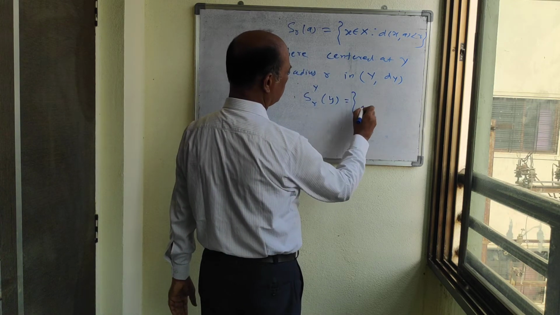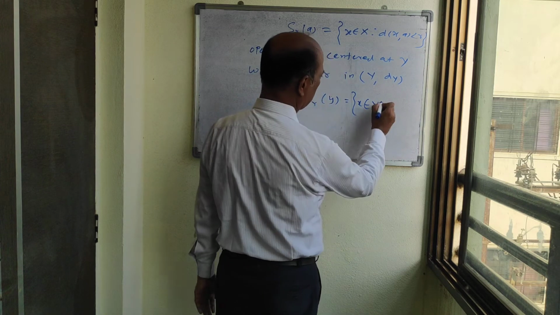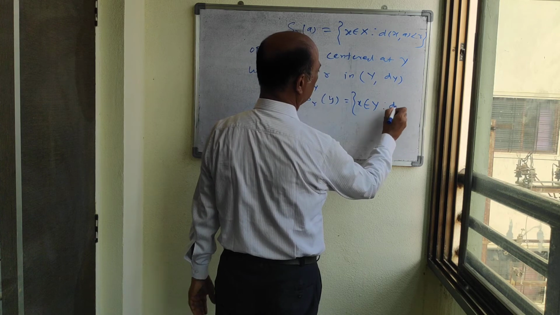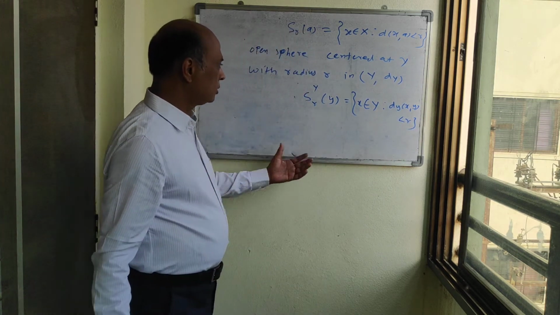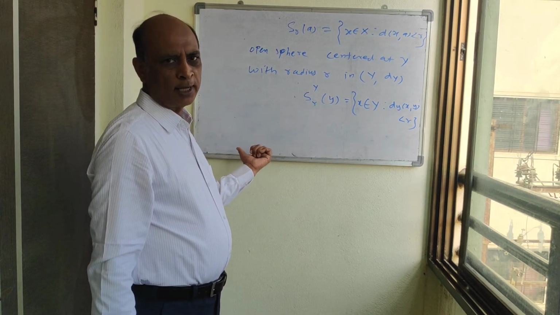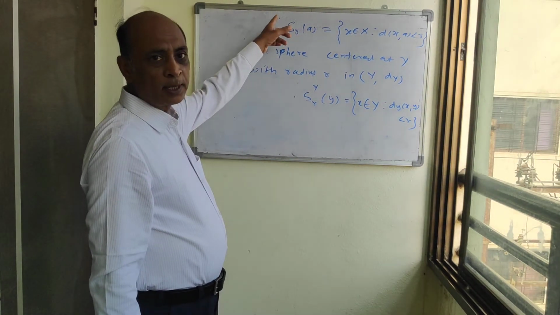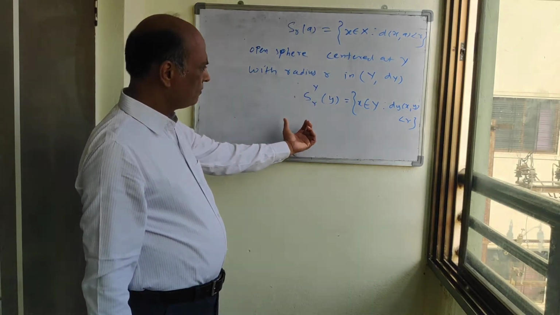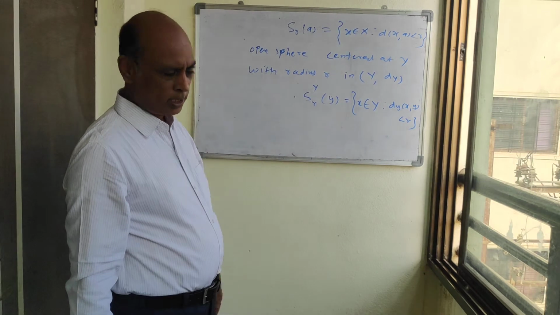It is equal to the set of x belonging to capital Y such that D_Y of xy is less than r. So this is the open sphere in this metric space (Y, D_Y), just like in metric space (X, D) the open sphere is denoted by S_R of A. But this is the subspace of that metric space.